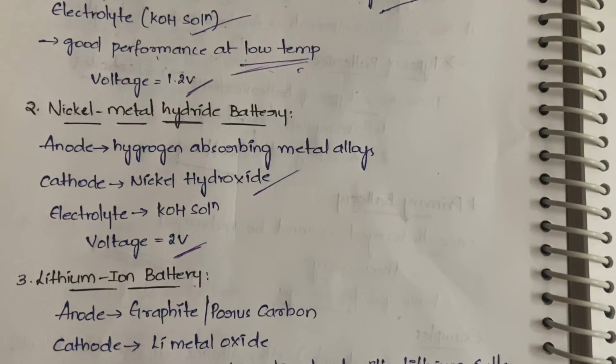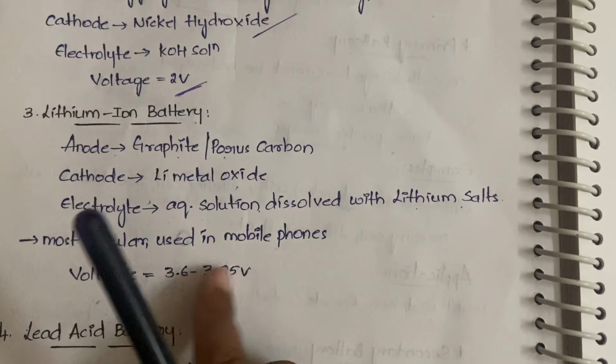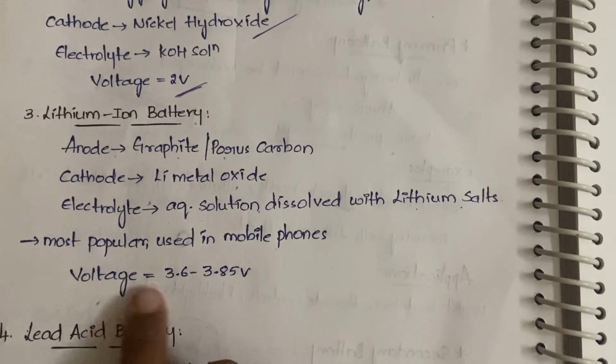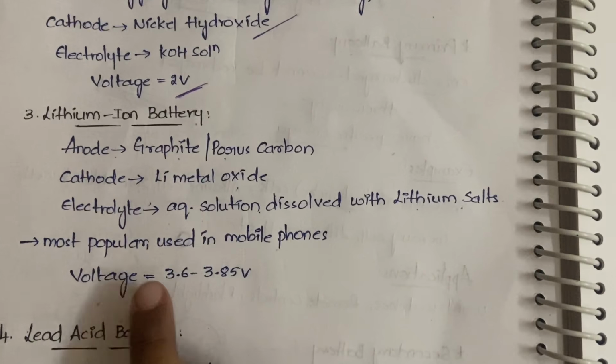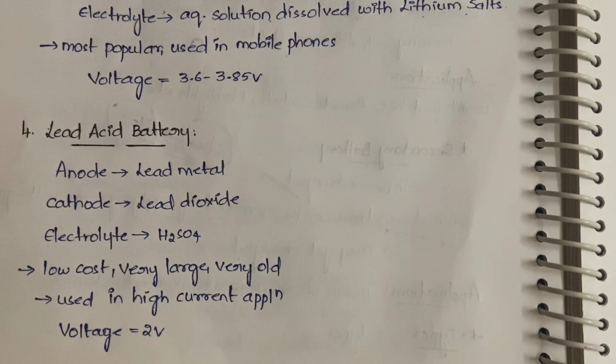You will be taking any aqueous solution, in that you will be dissolving lithium salts, lithium chloride or whatever it is, salts made up of lithium. Okay, and it is the most popular one used in mobile phones, and the operating voltage is between 3.6 to 3.85 volts.